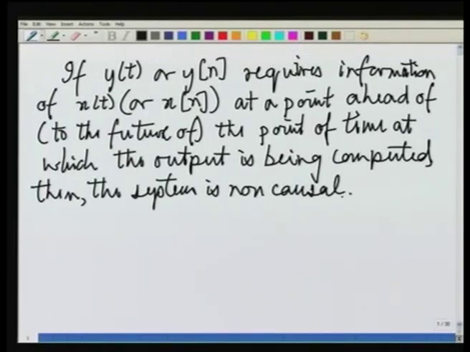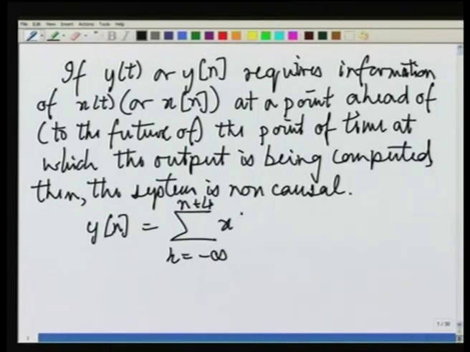Thus, if we go to an example such as y[n] equals summation k equals minus infinity to n plus 4 of x[k], then we need to use points in this summation of x[k] such as k equal to n, k equal to n plus 1 and so on.